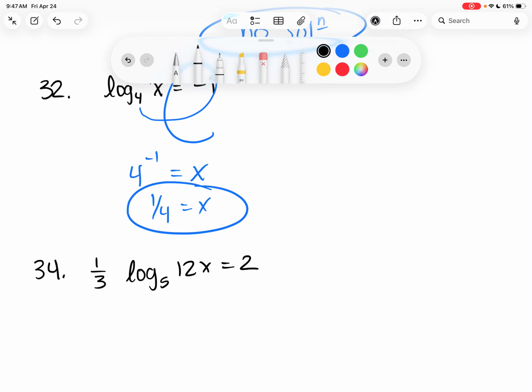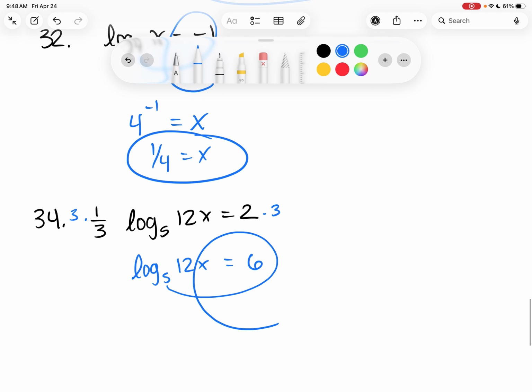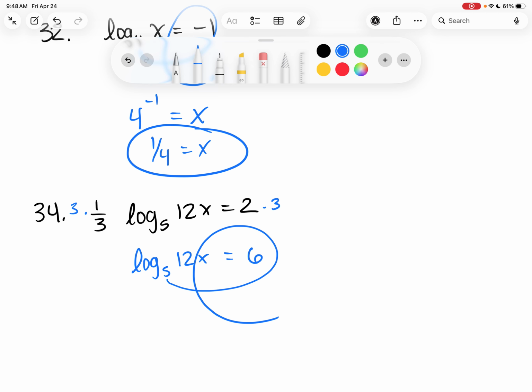Yes, with what we were doing yesterday, you would have stuck it up as the exponent. But I'm going to multiply both sides by 3 instead. So I'm going to end up with log base 5 of 12x is equal to 6. Does the 3 not go to each number? I'm just doing it by both sides.